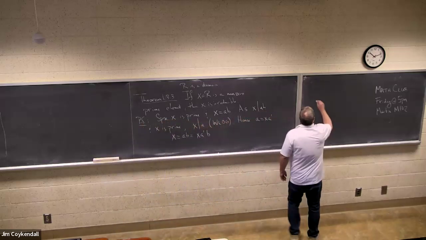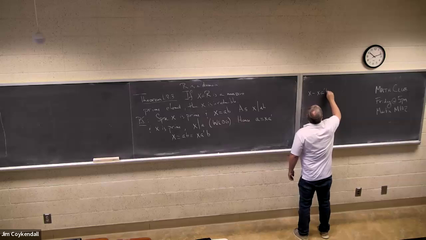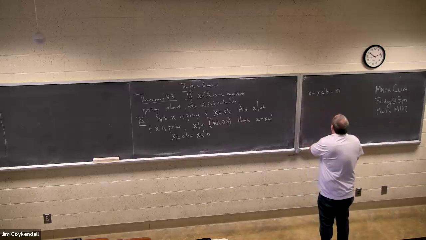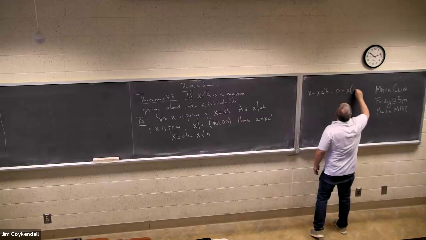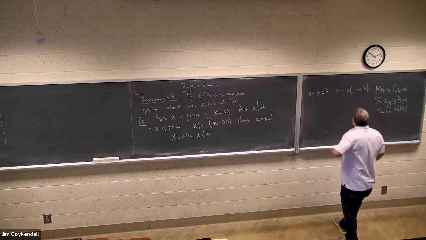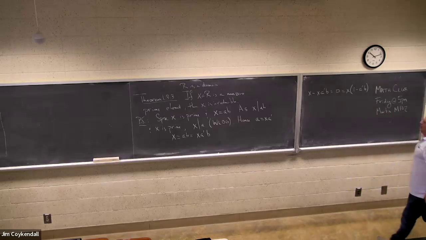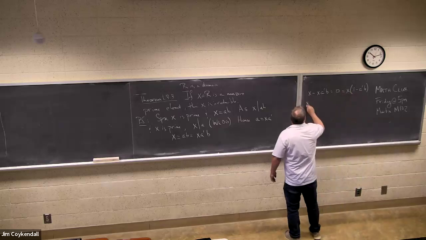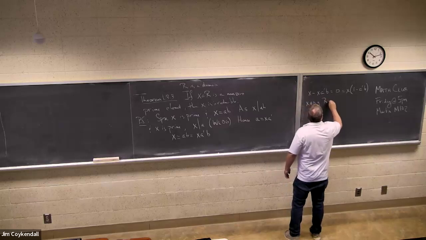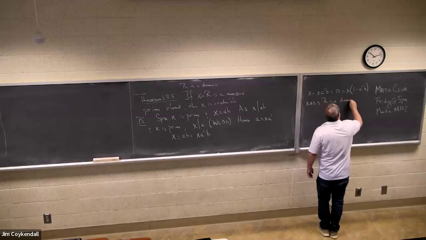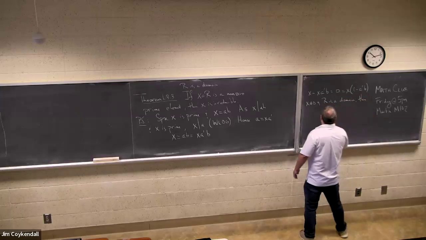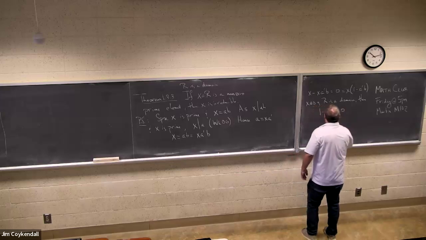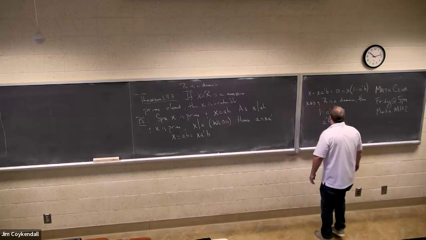So what do we have? We have x minus x a' b is 0, which is x times (1 minus a' b). Now, x is a non-zero prime, and R is an integral domain, right? So since x is not 0 and it's a domain, one of the factors of the product is 0. This forces a' b to equal 1.